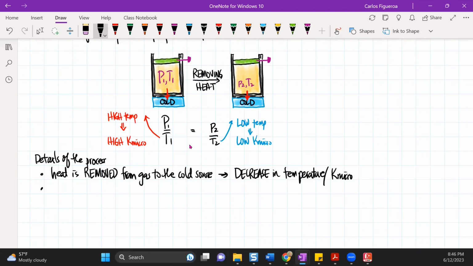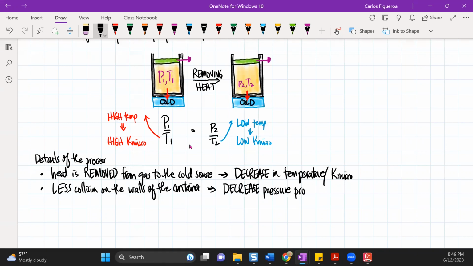As a consequence, there's going to be fewer collisions on the walls of the container, which then tells you that you have to decrease pressure proportionally.